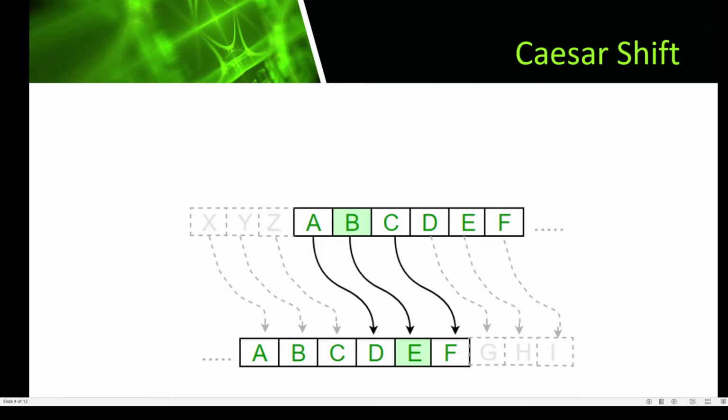Good morning, Commander. This is the Caesar shift. The Caesar shift is a type of code invented by Julius Caesar. In this code, he would turn one letter into a different letter by moving along the alphabet up or down several spaces.